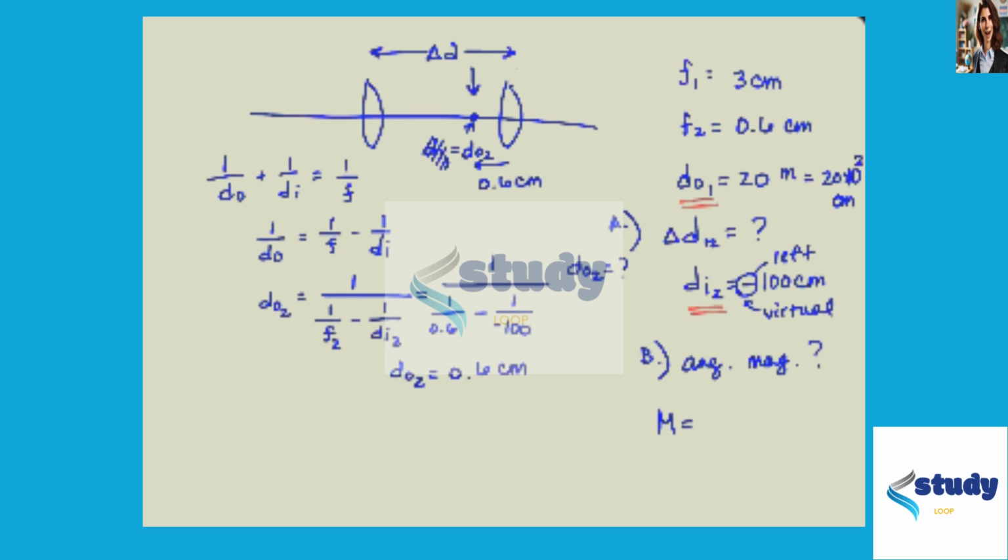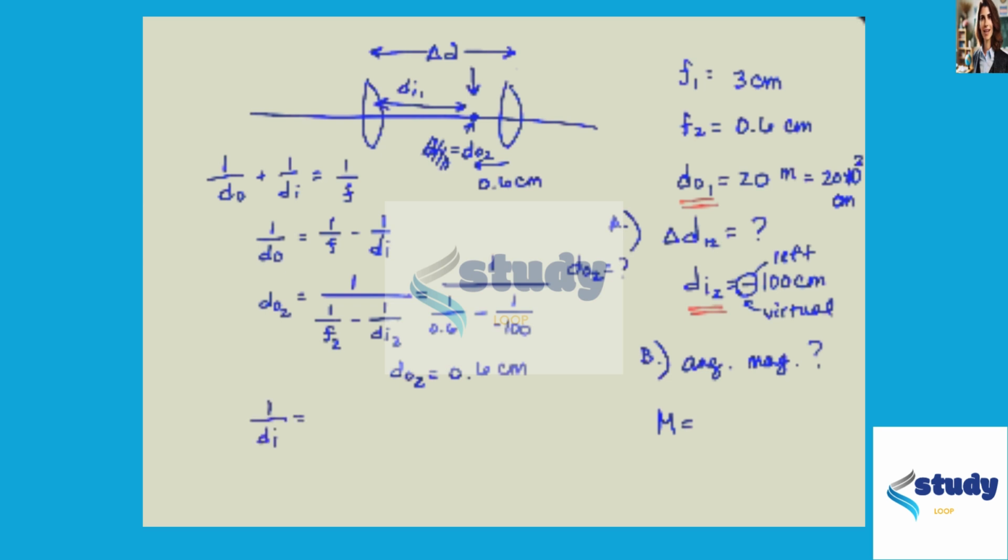Now that we know it's 0.6 centimeters from the second lens, we want to know what this distance is, and this distance is actually going to be DI1. We can calculate it using the same equation. Instead of solving for DO, I'm going to solve for DI.